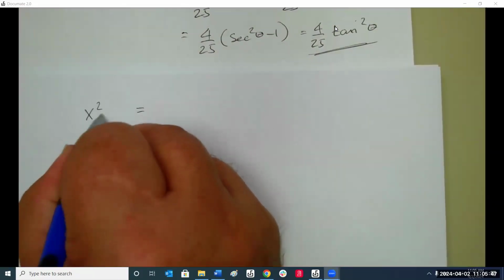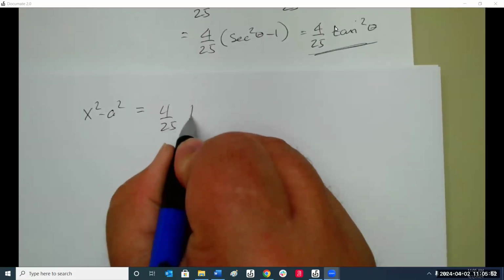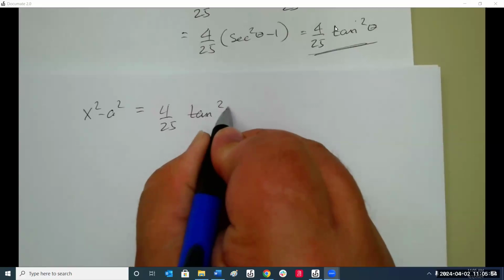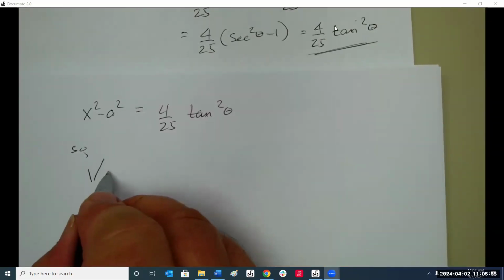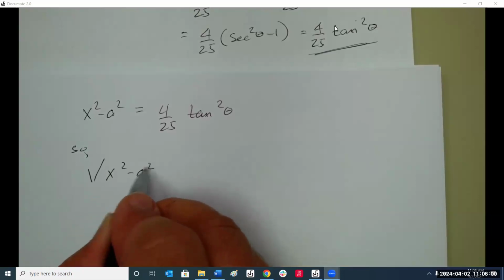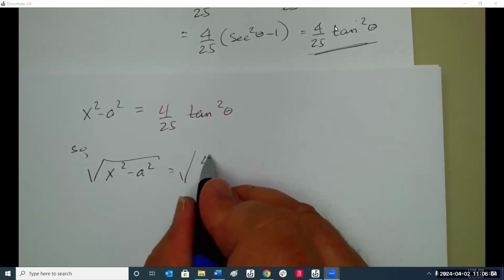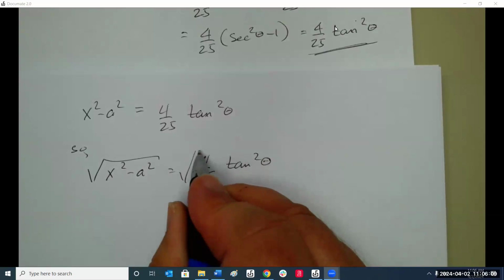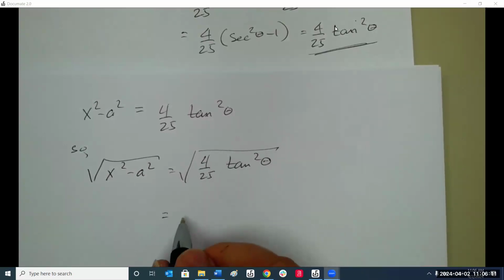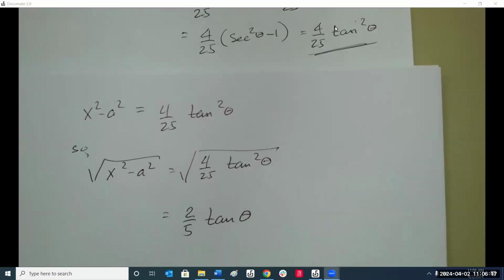So we know that x squared minus a squared is 4/25 tangent squared theta. So the square root of x squared minus a squared equals the square root of 4/25 tangent squared theta, which is 2/5 tangent theta.